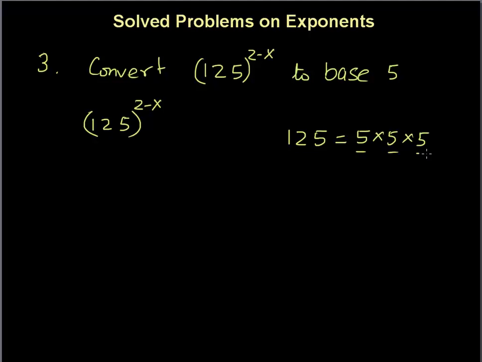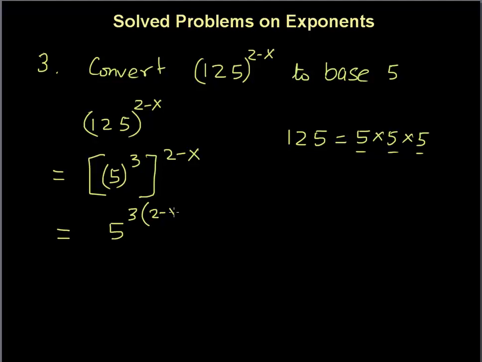So 3 times. So what I can do is rewrite it easily as 5 to the power 3, which makes it 125. And then I can put a big bracket here just to make sure that there is a distinction between the two brackets, and then you have 2 minus x, right? Once you open up the bracket, power to power is multiplied. So 3 is going to be multiplied by 2 minus x.